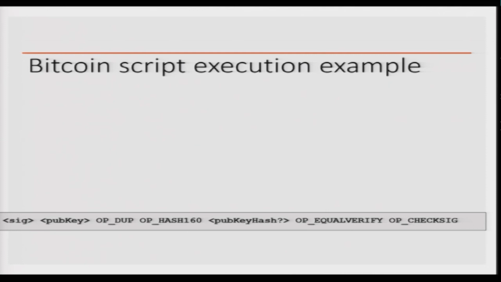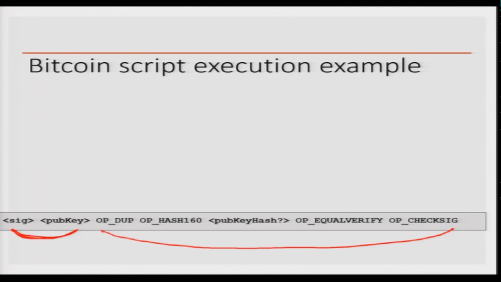So, let us say after concatenating the SIG script and the script pub key, I have this. This part is the script SIG, and this is the script pub key, and we have concatenated them. So, this is my complete script, and I want to execute this in a stack based machine.